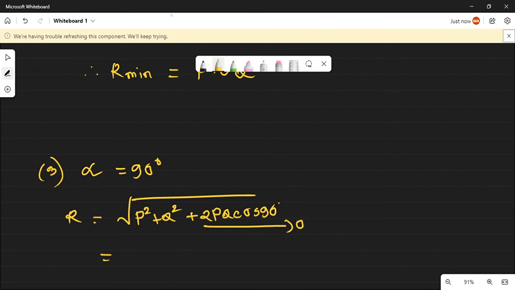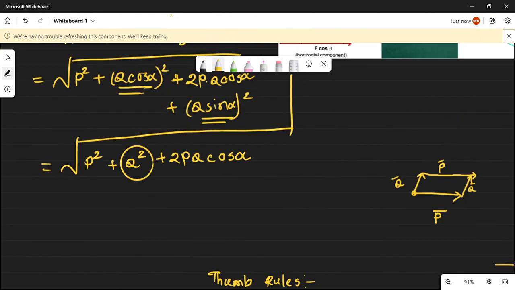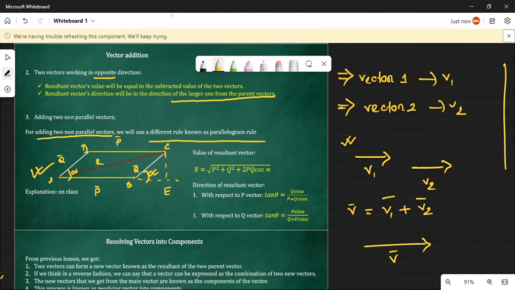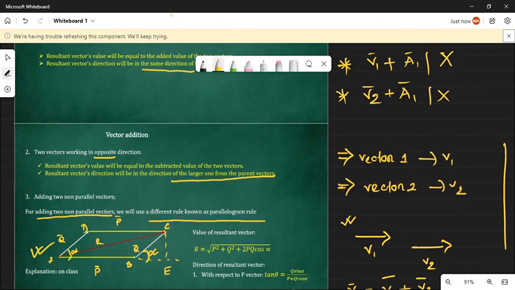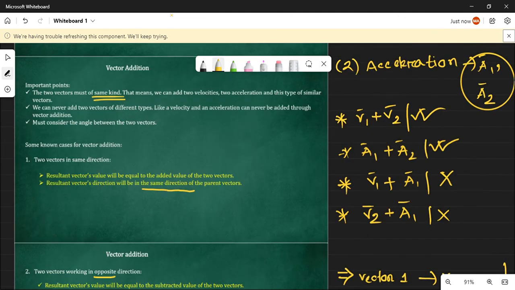So now we can write R will be only the square root of P square plus Q square. That's all from today's class. We have seen the operations of vector addition and the rules derived from it, the parallelogram formula, and some additional things like which vectors can be added and which cannot.